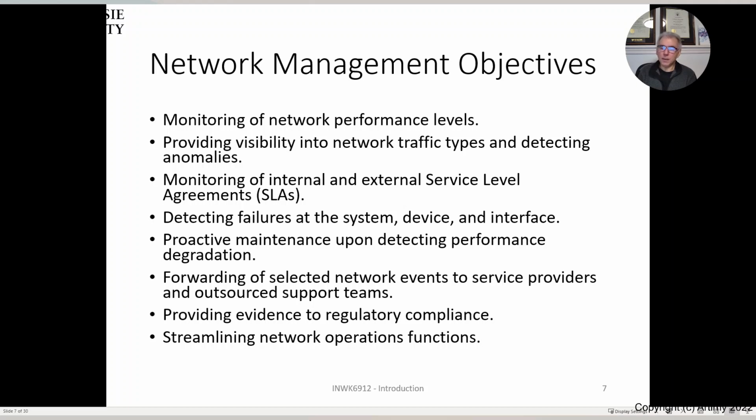Well, as I said, there is a lot of overlap between network management and network security, and part of the network management could be to collect and provide information for audits. For example, somebody asks you to scan the entire network and provide you with a list of all devices in the network.